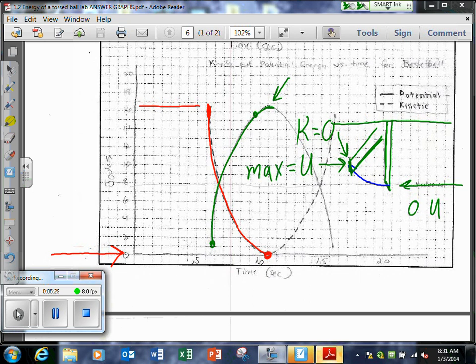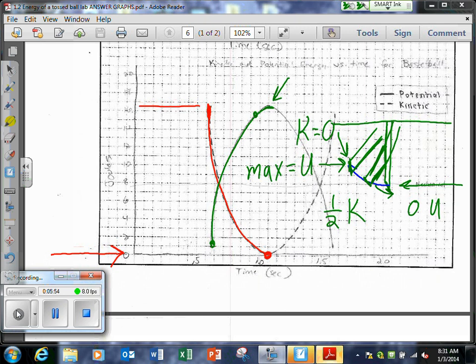But then what happens right here in the middle is the question. Because we know it's moving, so it has a velocity, and so it has kinetic energy. So maybe at that point it might have half kinetic, but then it also has a potential to fall further, right?